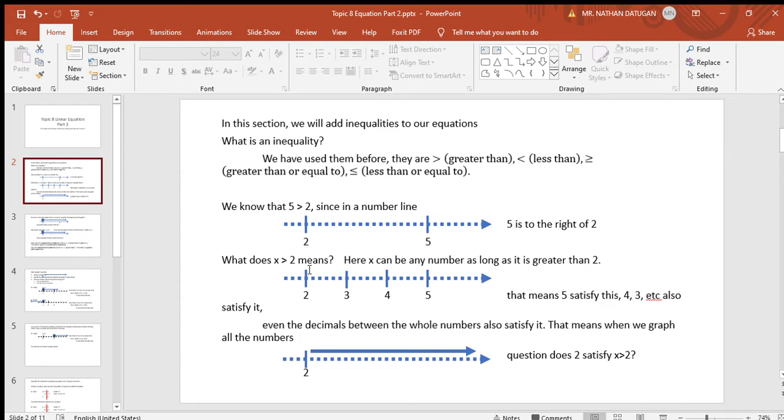All these are points that satisfy x is greater than 2. So we represent it with a line. The line starts around 2 and goes all the way to your right. But our million dollar question is, does 2 satisfy x is greater than 2?